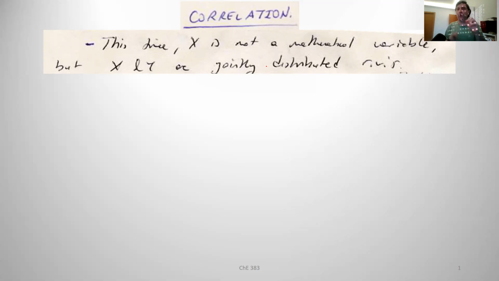So what do I mean by all of these? Now, think about two different scenarios. In the first scenario, I'm going to be manipulating a flow rate. I'm going to bring it to certain levels, and I'm going to be measuring the corresponding concentration.